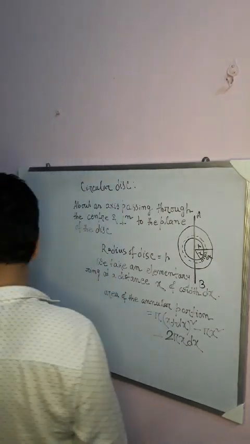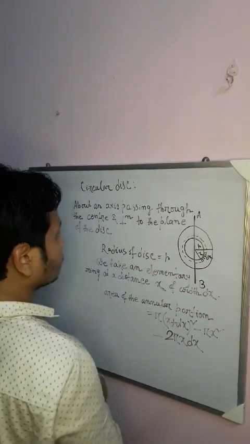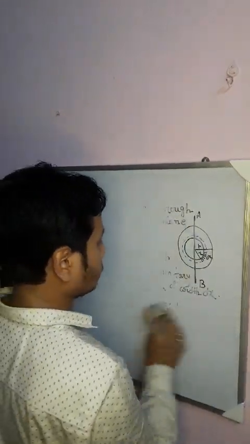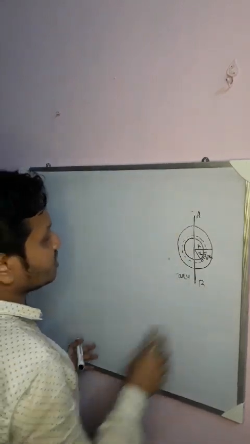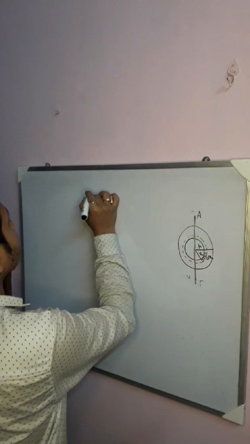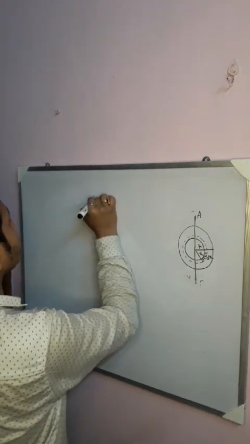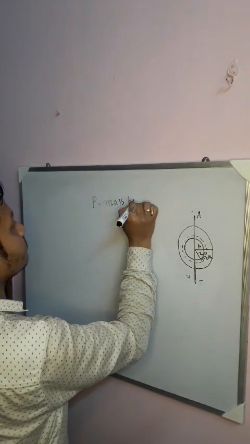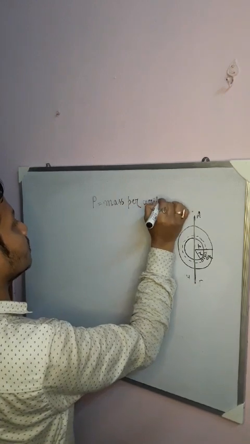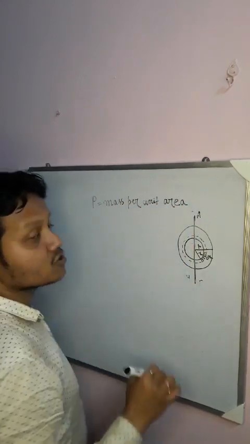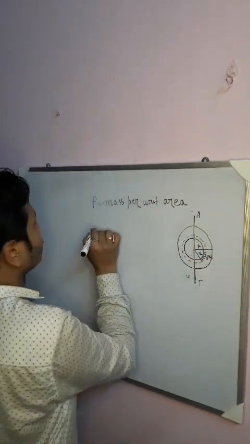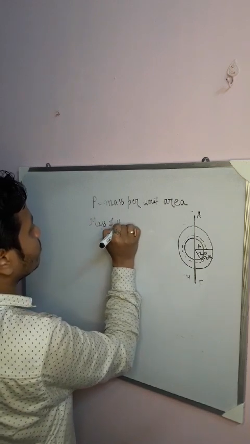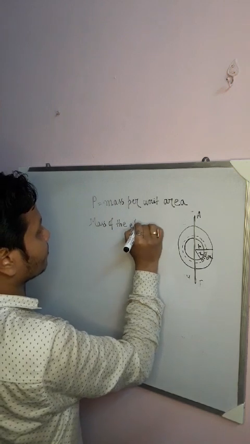Fine. Now, if rho is the mass per unit area, then what would be the mass of the elementary ring?